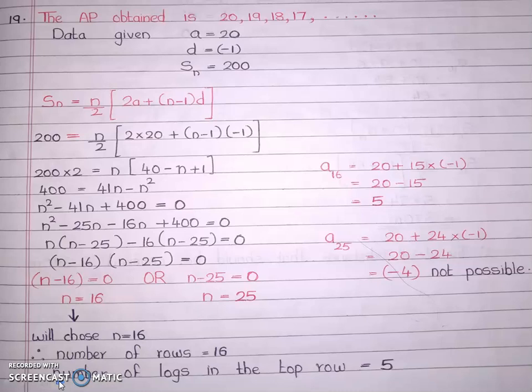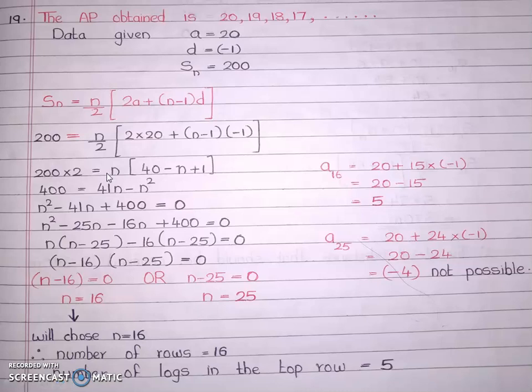Students, you can see the figure in your textbook, page number 114. The first layer, that is the bottommost layer, is having 20 logs. The row next to it is having 19 logs. So what is the AP obtained here?